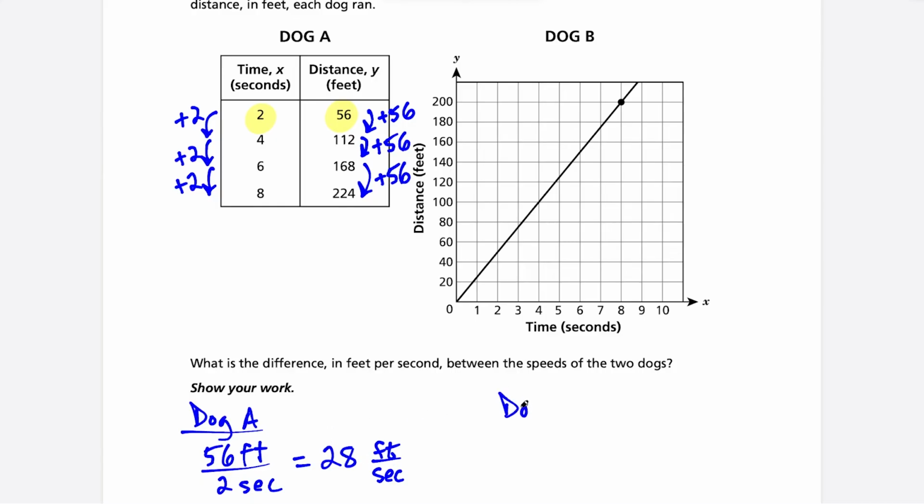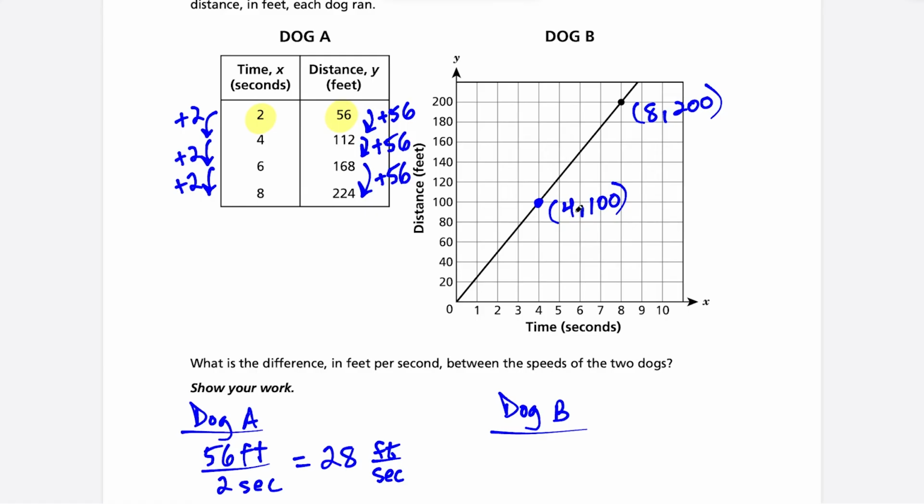For dog B, it's a little bit trickier, but not too bad. What I would do here is find a nice point on the line. They gave us this point over here at 8, 200, but we could also go with this point over here. This point lands exactly on one of the corners at 4, 100. So this point will work just fine.